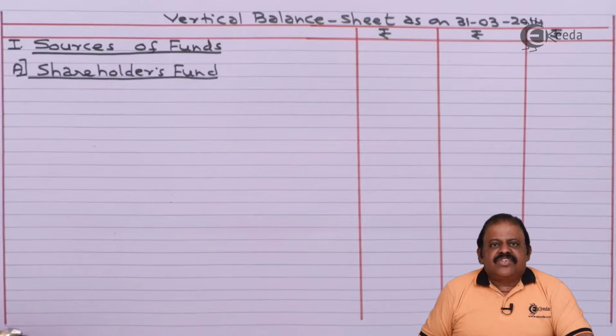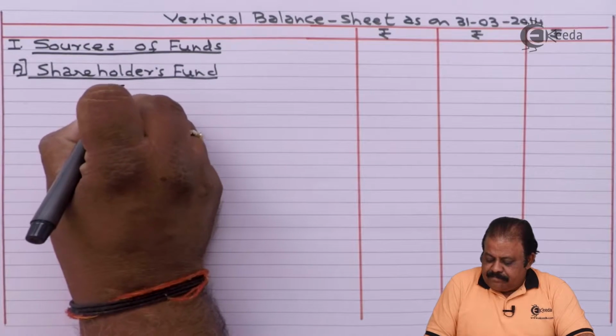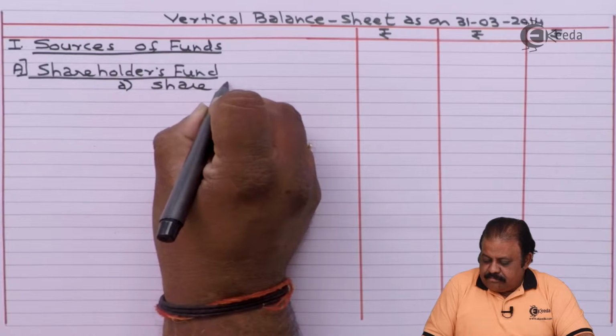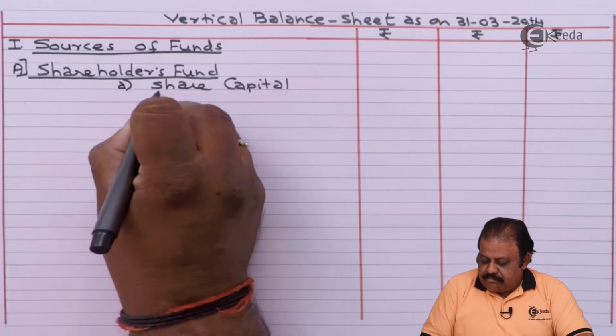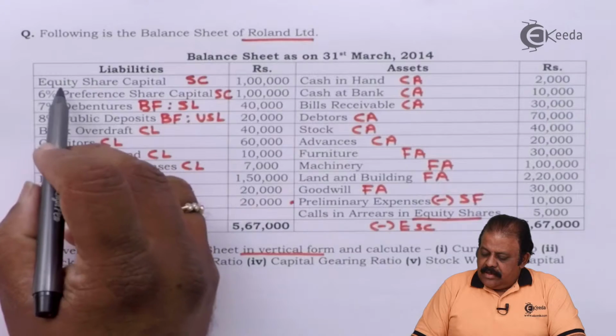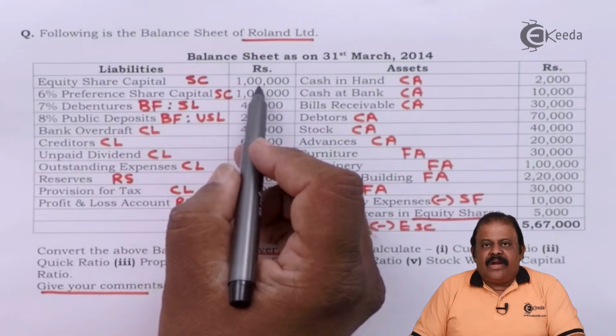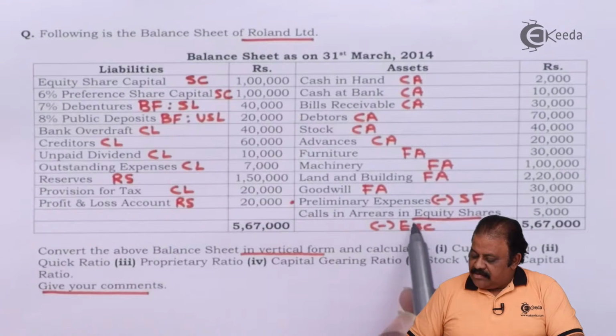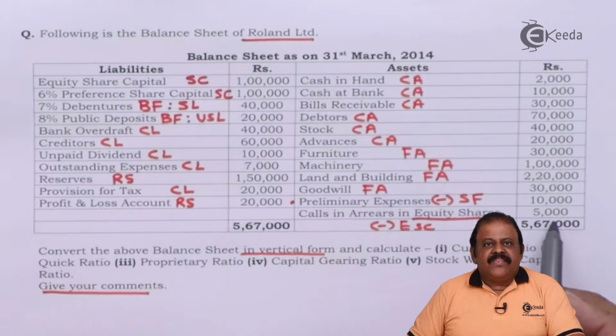Here we'll have first shareholders fund. Here we have first item share capital. Equity share capital 1 lakh. Calls in arrears in equity shares 5,000.